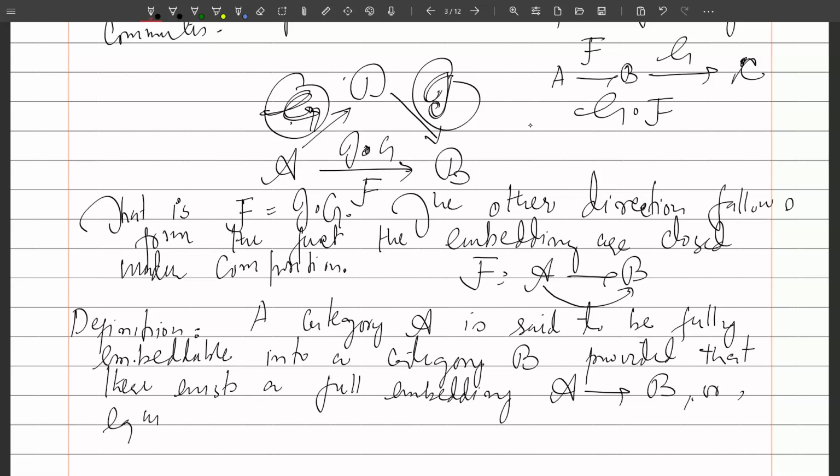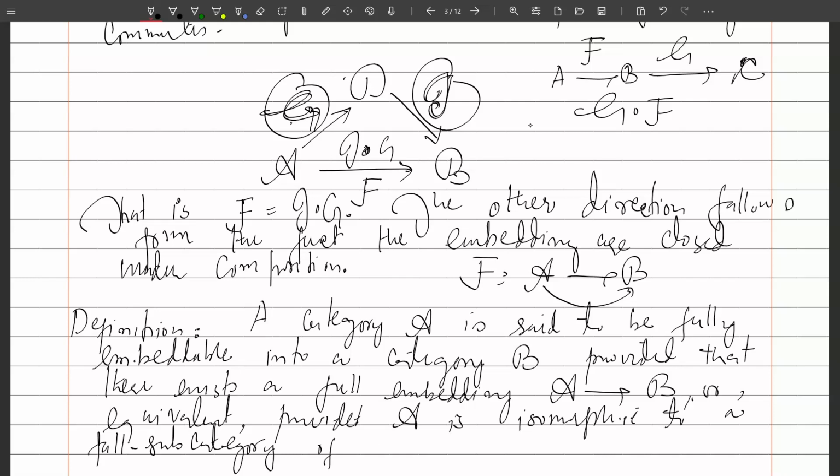Or equivalently, provided A is isomorphic to a full subcategory of B. So if A is isomorphic to a full subcategory of B, we can say A is fully embeddable into the category B. One should make a remark here that the full subcategories are determined by their object class.